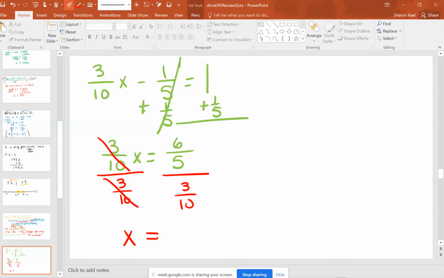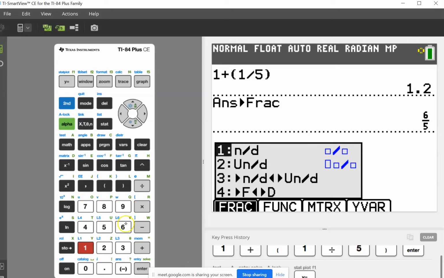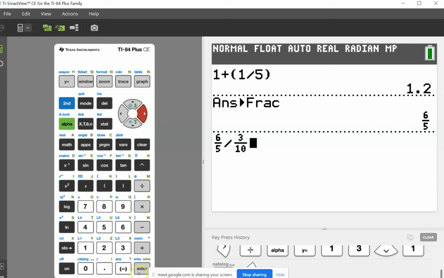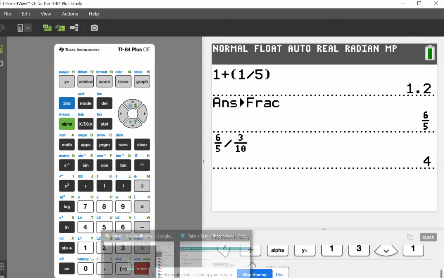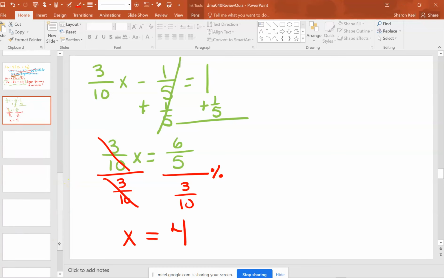I have x equals, on the calculator, 6/5 divided by 3/10. You do not need to change it to multiplying by the reciprocal. Sometimes that's where people have an error. Final answer is the whole number 4. So it's just that simple. Just let the calculator do the computation work for you on problems such as this.